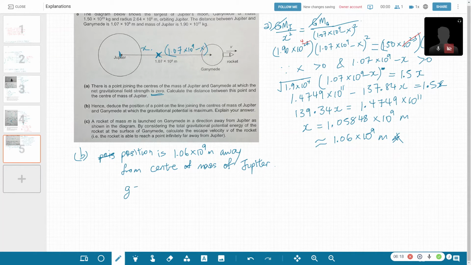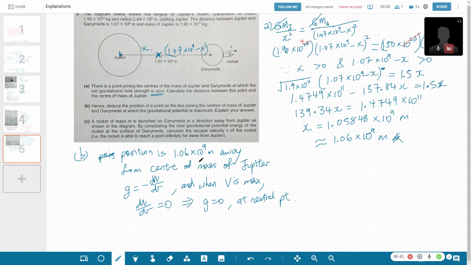The gravitational field g is equal to negative dV/dr, and when V is maximum, dV/dr is equal to 0. So g equals 0 at the neutral point. We can use maths to explain this.